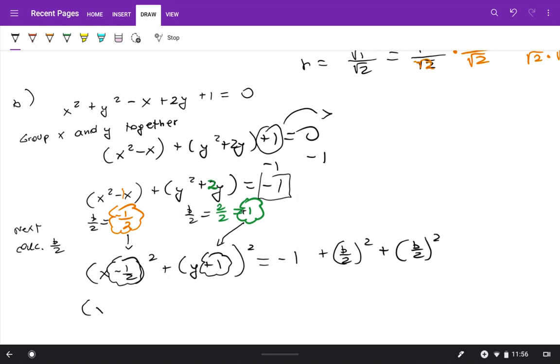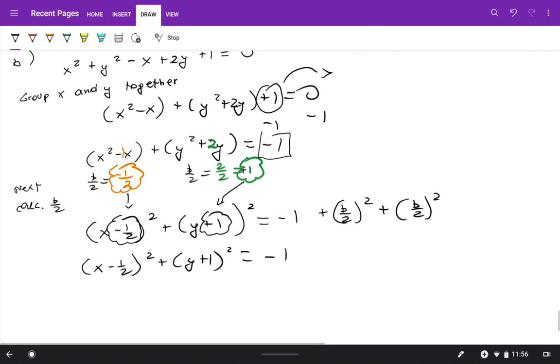So that will be x minus half squared plus y plus 1 squared equals negative 1 plus. The b over 2 here was negative 1/2. Don't forget to square it. Plus the b over 2 from the second group was positive 1. Don't forget to square it. Okay?